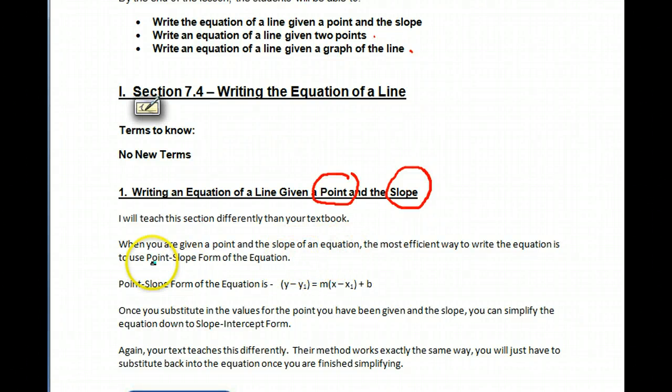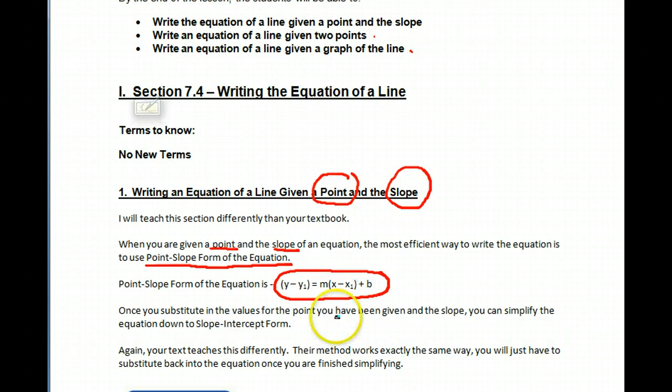Now, when you are given a point and the slope of an equation, the most effective way to write the equation is to use what is called point-slope form of the equation. And the point-slope form of the equation is the equation that I've just circled here.